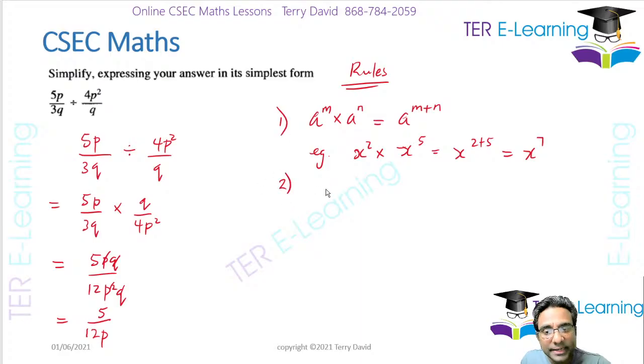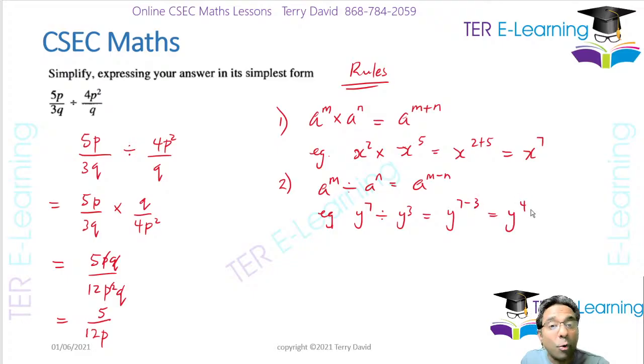That's what this rule is telling me. If I have something like a to the power m divided by a to the power n, I need to subtract my indices. So this is going to be a to the power m minus n. For example, if I have y to the power 7 divided by y cubed, then it's going to be y to the power 7 minus 3, which is going to give me y to the power 4. That's my second rule for indices.